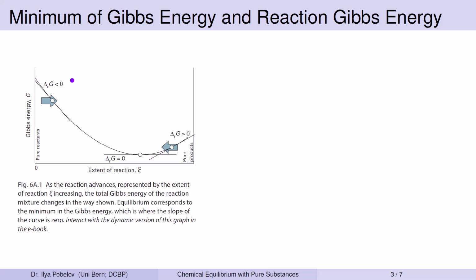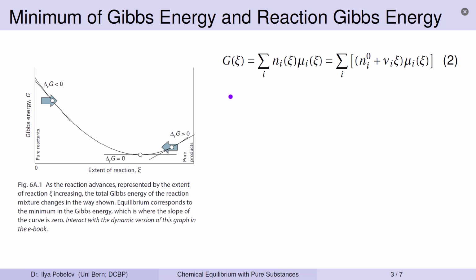To determine the equilibrium composition for the reaction mixture, we analyze how the Gibbs energy changes with the reaction progress and identify the composition that corresponds to minimum G. Let us look at the total Gibbs energy of the reaction mixture as a function of the extent of reaction. This function is the sum of the product of the chemical potential and the amount of substance across all reaction participants.